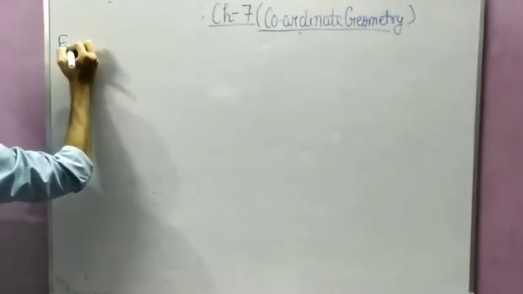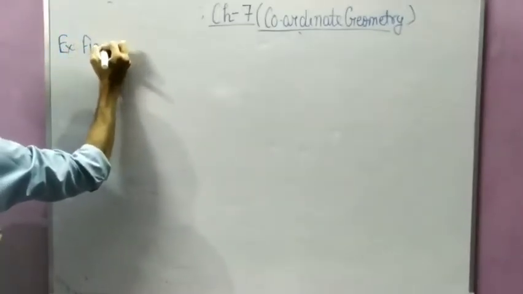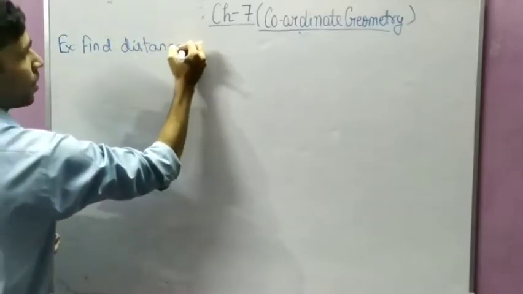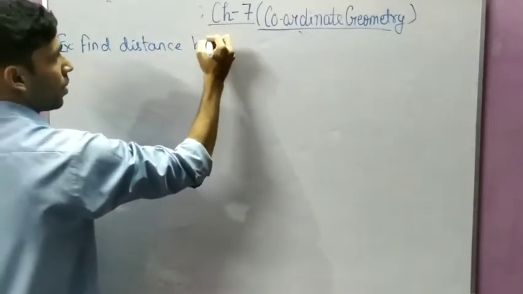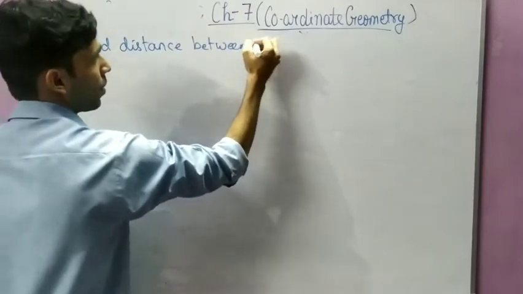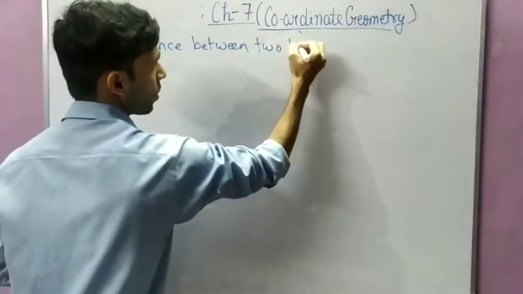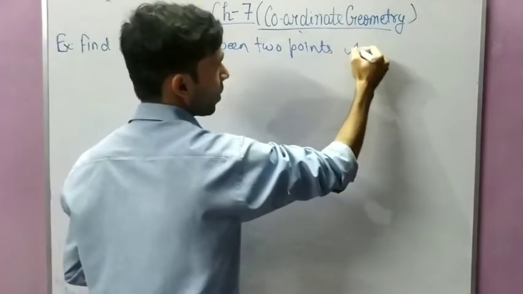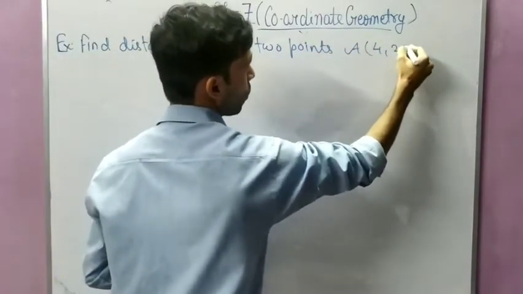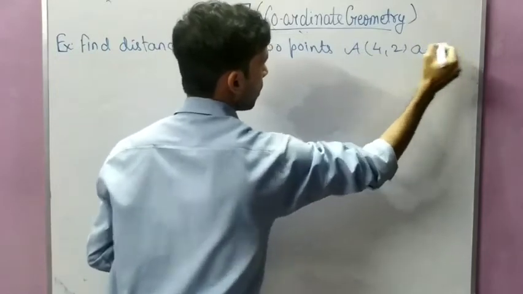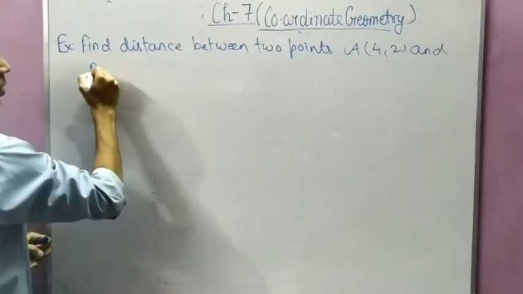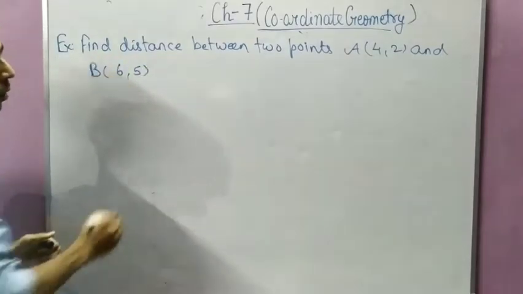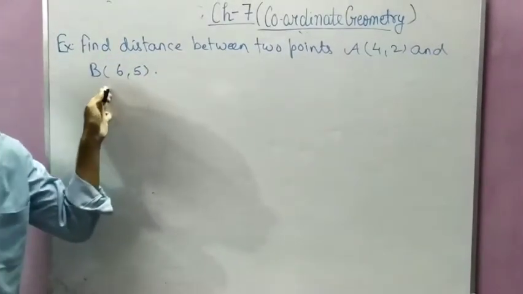Example: find the distance between two points A, that is (4,2), and B, that is (6,5). We have to find the distance between this A and B.